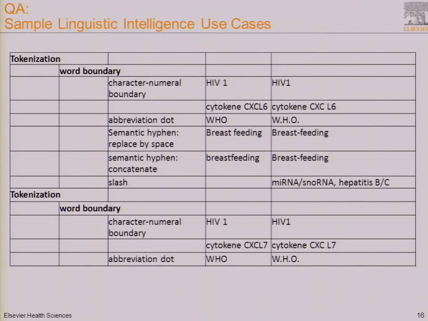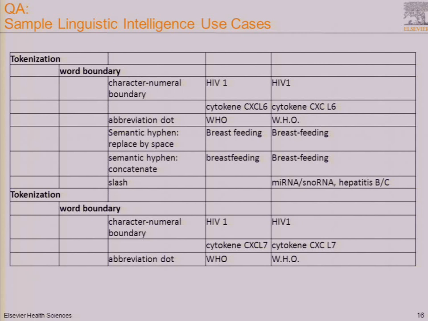So we need to build special cases to provide for these kind of things and test it out. Now, here is another example: cytokine CXCL6, with a space, without a space. It's one concept. So we need to be able to identify the different forms in which this is used.